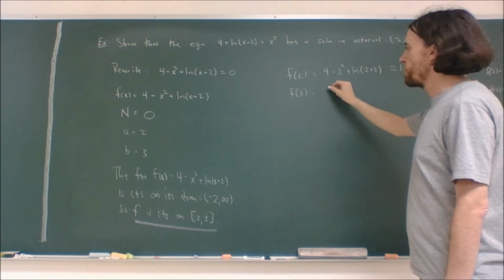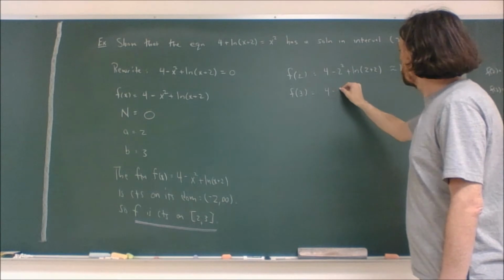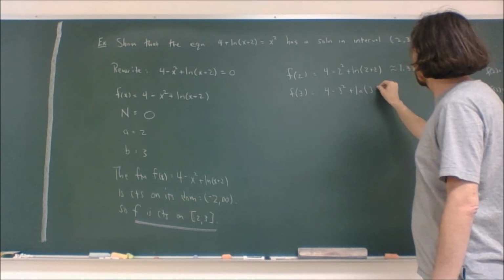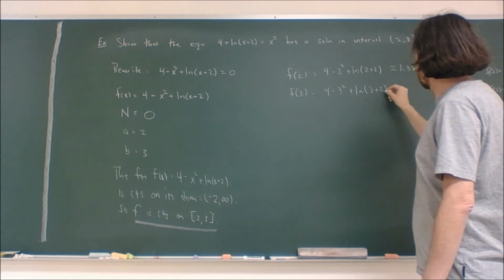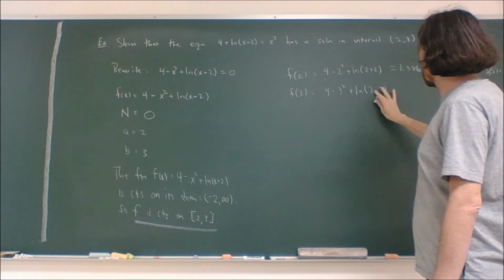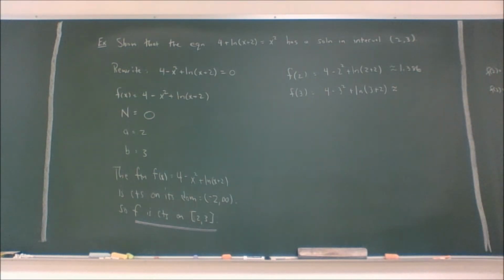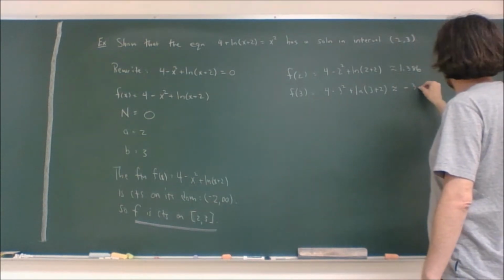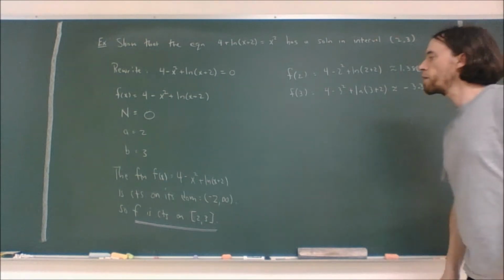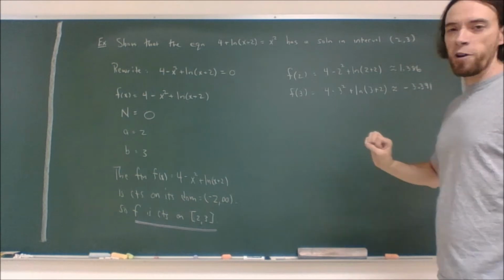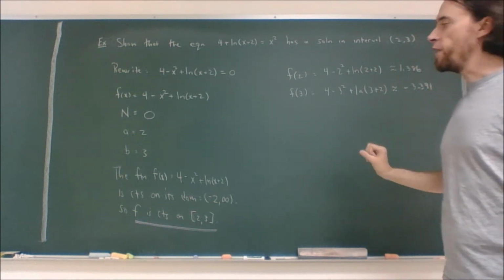f of 3 is 4 minus 3 squared plus natural log of 3 plus 2. And again, natural log of 5 does not simplify. So all we can say is that this is approximately equal to negative 3.391. So we calculated our f of a and f of b. Now we have to verify that capital N is between f of a and f of b.